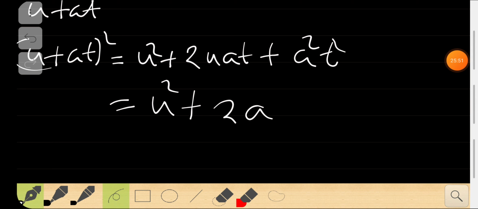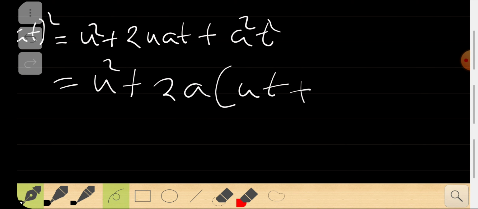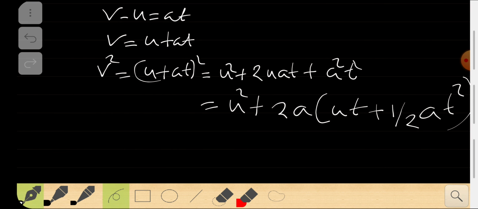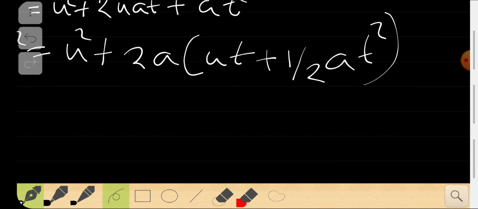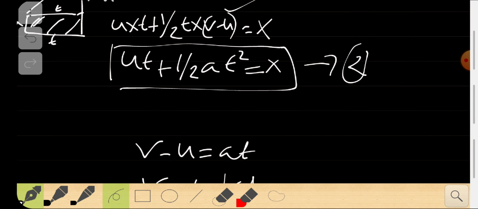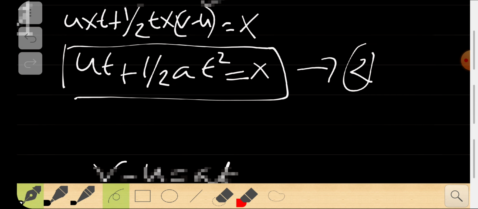The remaining will be ut plus, when 2a comes out, I'll get half times a, so half at square. So this is u square, and this is v square here. You can see that ut plus half at square, if you look at the previous equation, is just x.